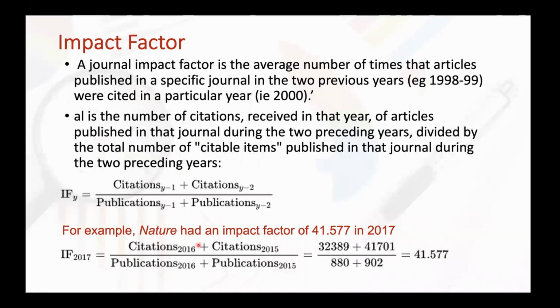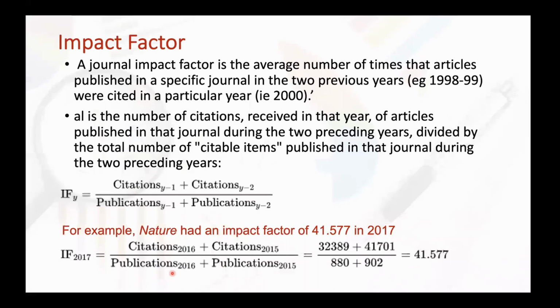They take citations of the papers in the 2 preceding years. For example, it is 2017. They take the citations of 2016 and add to that the citations of 2015, and divide that by the total number of papers published.